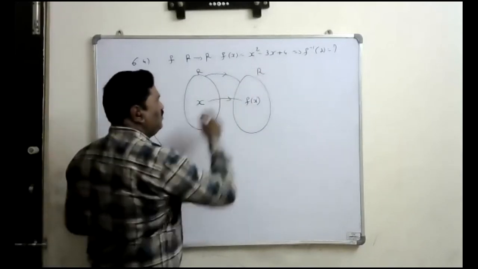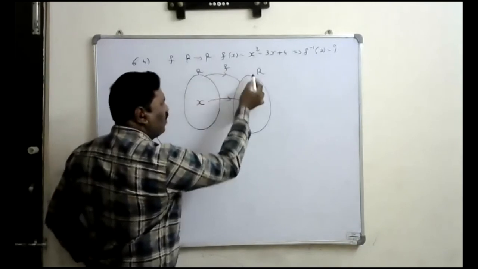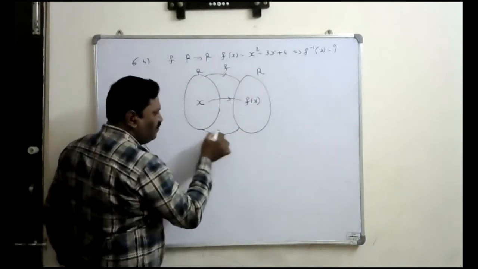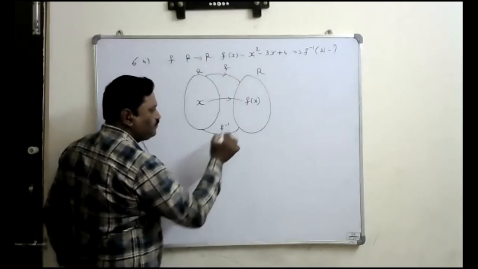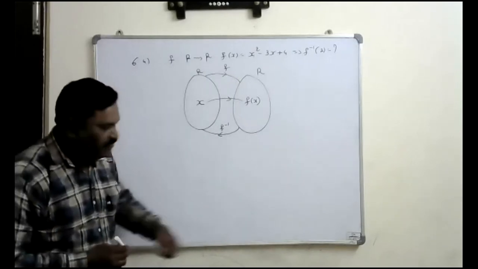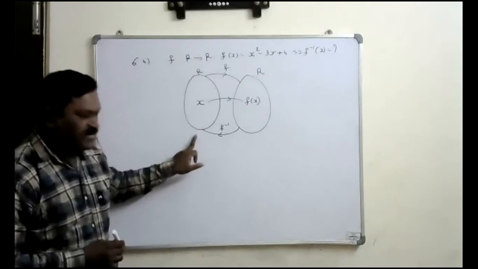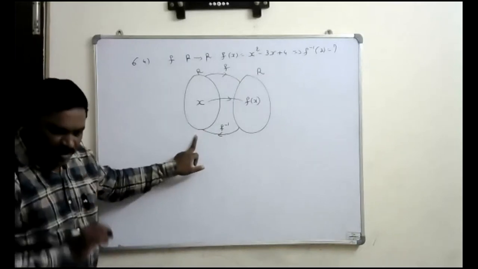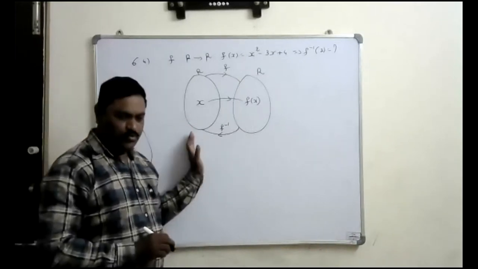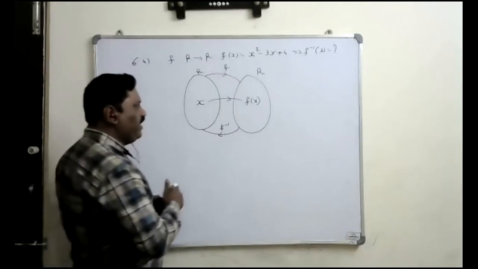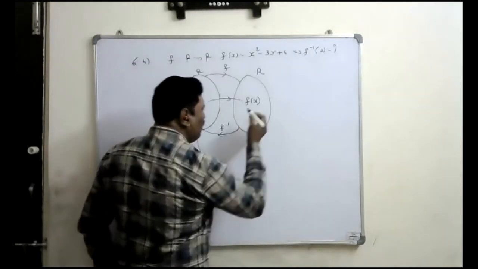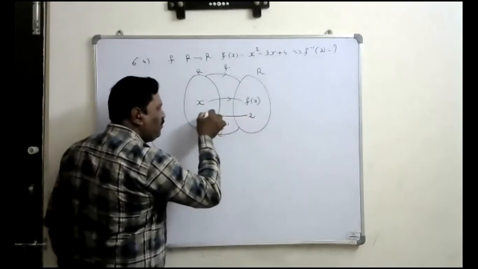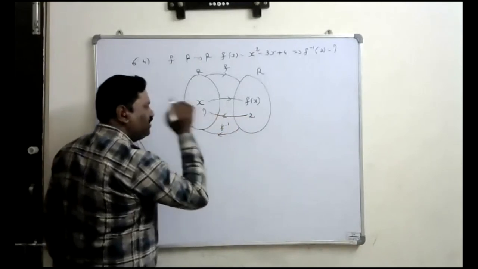Now if f is the function from R to R, then f inverse is the function in this direction, from this set to this set. Now I want to find f inverse of 2. F inverse of 2 means if there is a 2 here, what is the corresponding pre-image here? That we have to find.